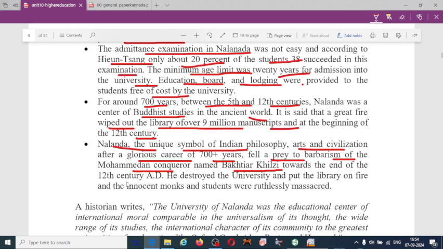Towards the end of the 12th century, he destroyed the university and put the library on fire, and the innocent monk students were ruthlessly massacred. So, because of the attack of Bakhtiyar Khilji, Nalanda University was destroyed. Many of the monk students died in that.